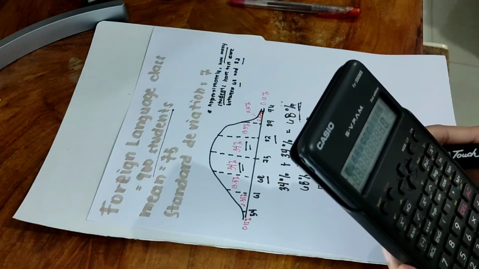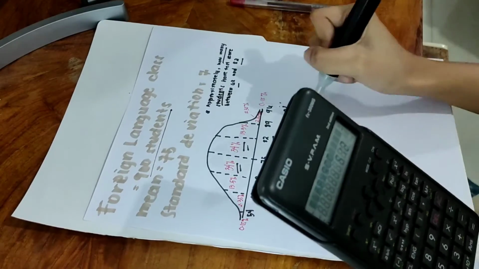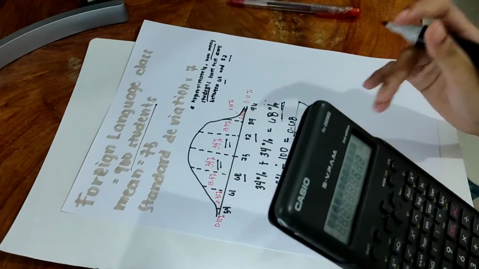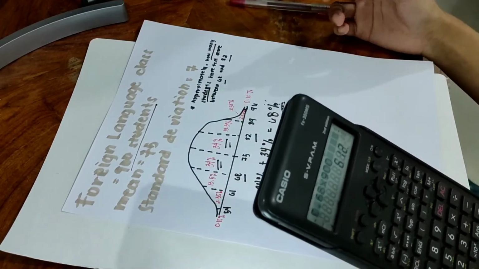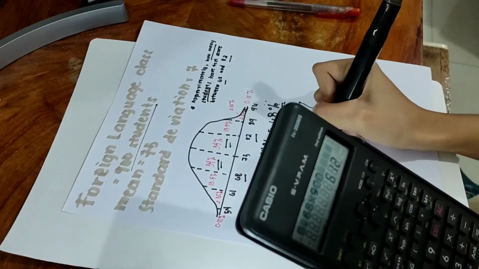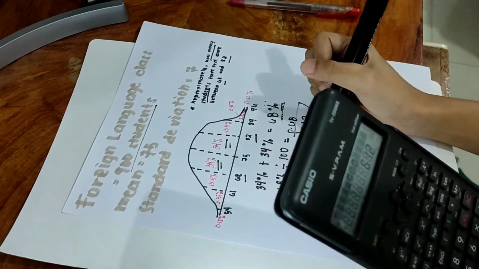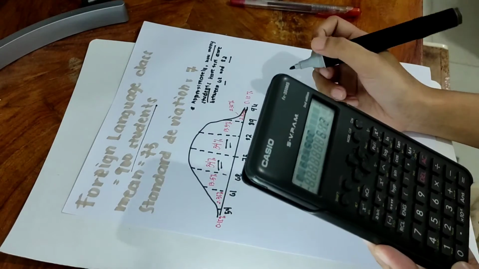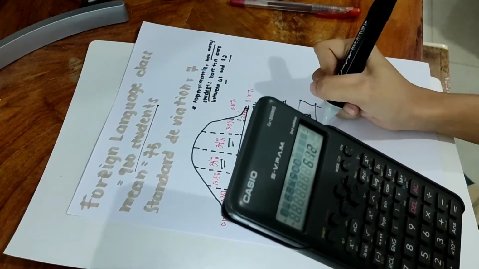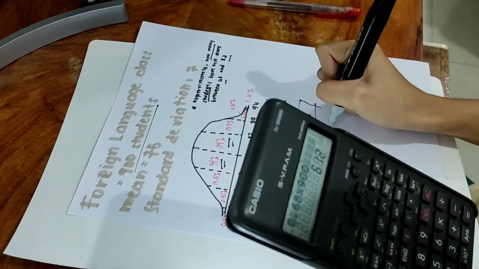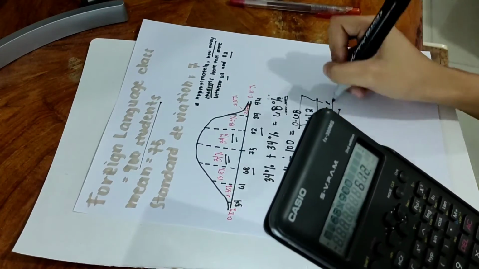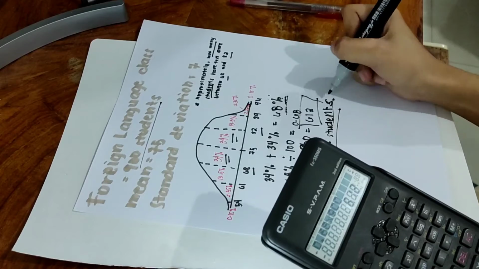So, 0.68 times 900, you'll get 612. So, this is your final answer. Ang meron na test score between 68 and 82 ay 612 na student. So this will be your final answer. There are 612 students.